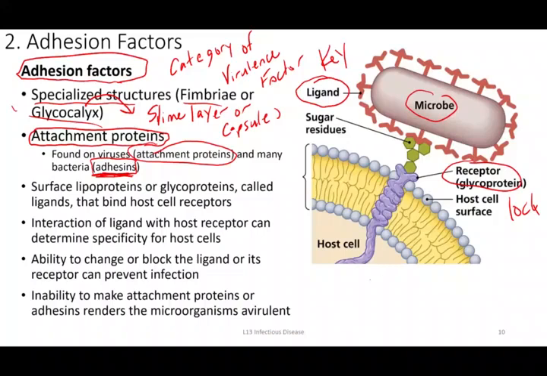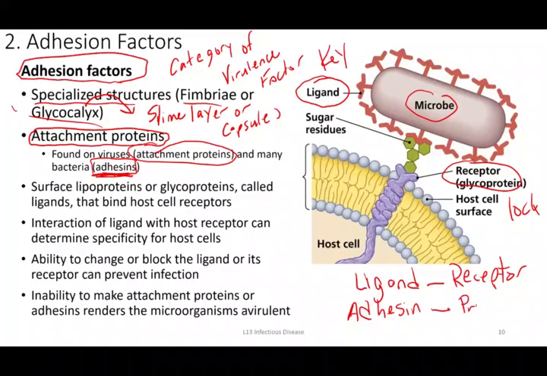Another example, just to connect this to other courses that you might have, ligand receptor. So in this case, what we have is something like an adhesin on the bacteria to some protein on the surface of a cell.